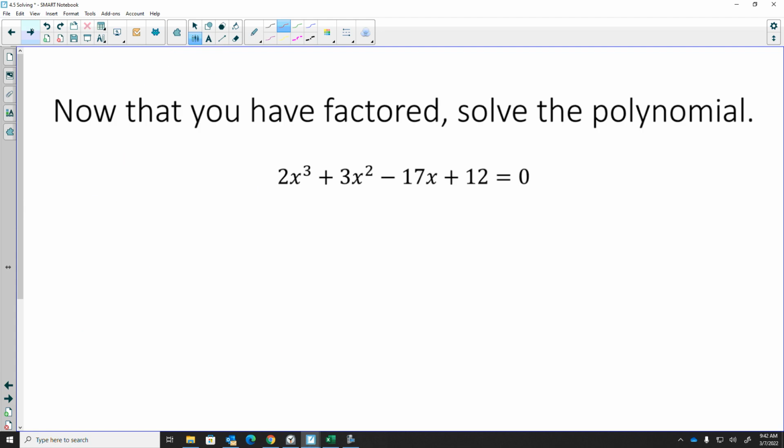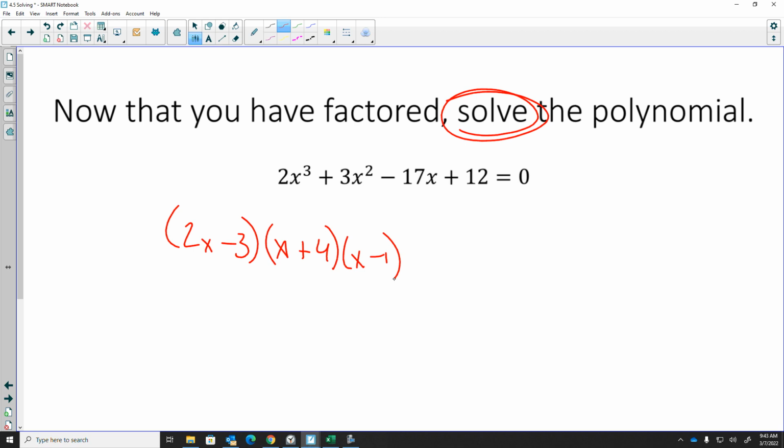What if it asked me to solve it? Well, I already factored it, right? So it's 2x minus 3, x plus 4, and x minus 1. Let's say it asked me to solve it. Do you remember when you were factoring quadratics to solve them? After you factored it, because remember, solving means you get x by itself, right?